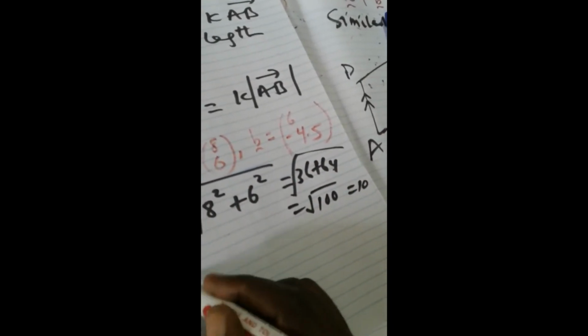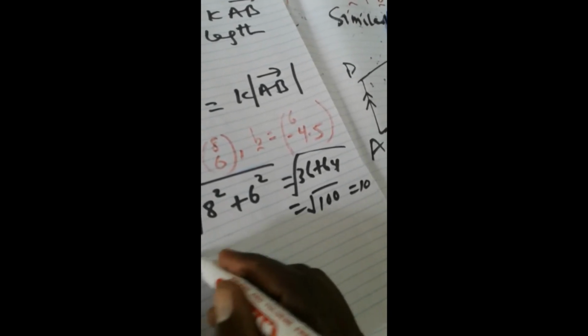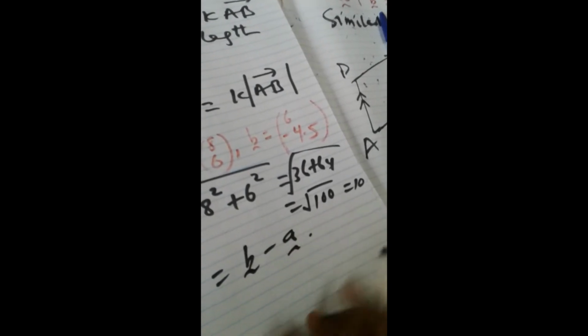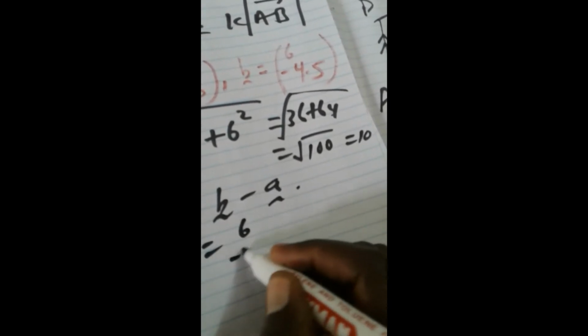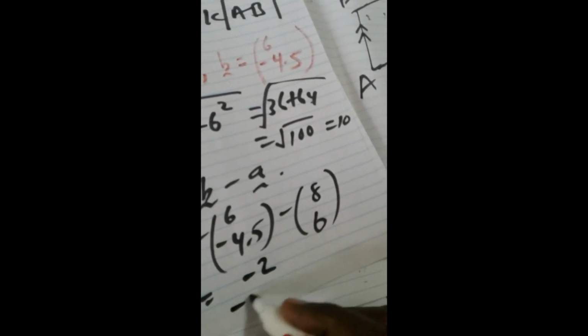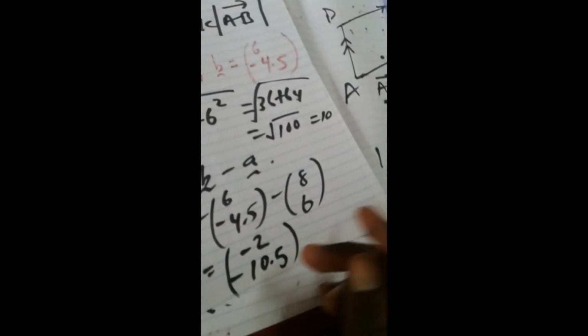The length of B is found the same way, and now AB, using capital letters, AB will be B minus A. B is (6, negative 4.5) minus A (8, 6), which will be (negative 2, negative 10.5). That is AB.